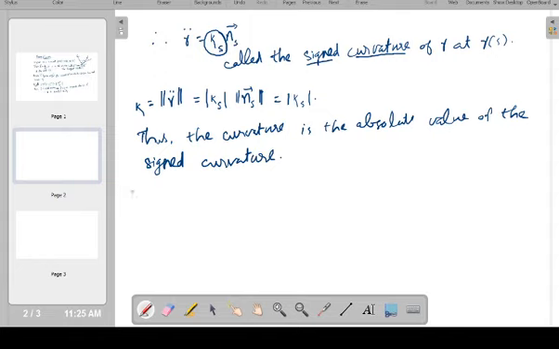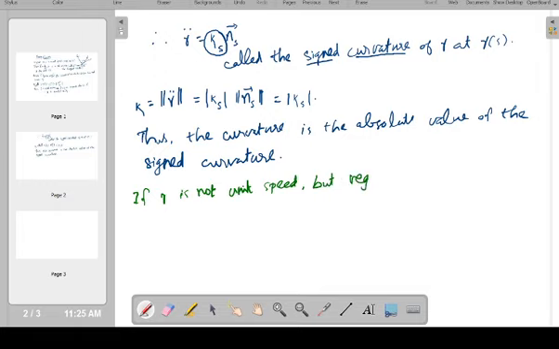Now, this is the case if gamma is unit speed. If gamma is not unit speed but regular, then what is the unit tangent vector T?